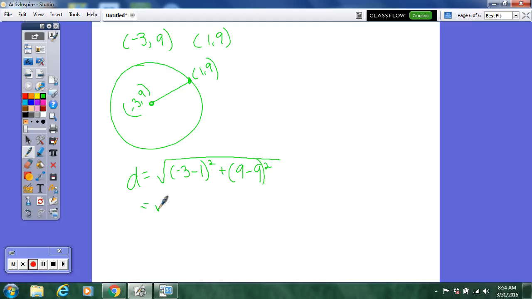So -3 minus 1 is -4. 9 minus 9 is 0. And I don't really need to write 0 squared, but it's 0. So then -4 squared is 16. And the square root of 16 is 4.